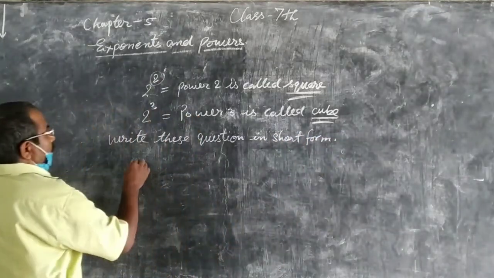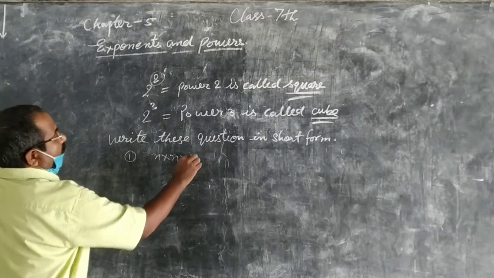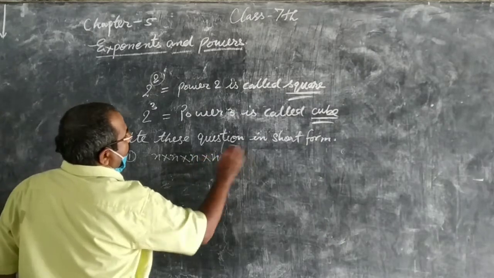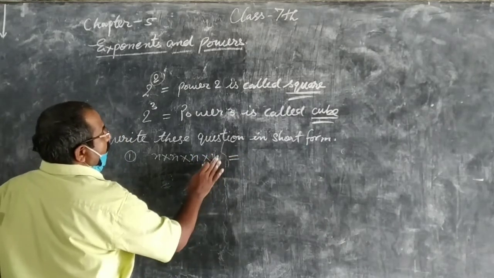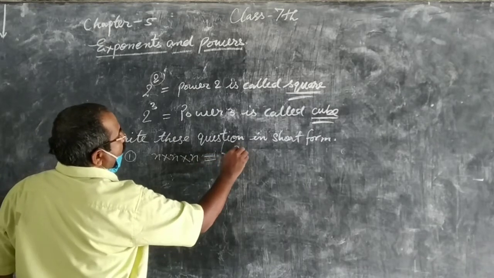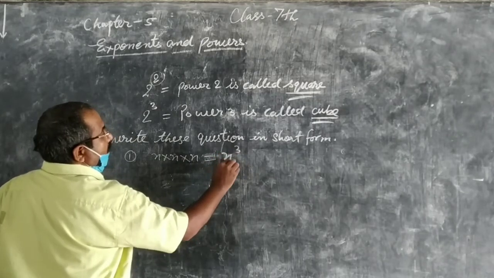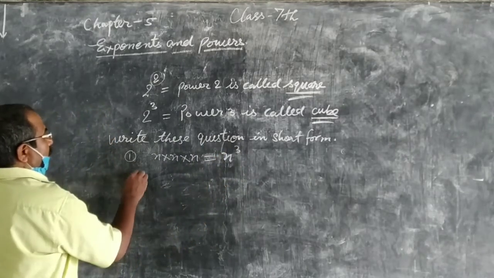Suppose the first question is given, n into n into n into n. How many times has it been written? 3 times. So you will write n to the power 3. That is, you can say n cube.